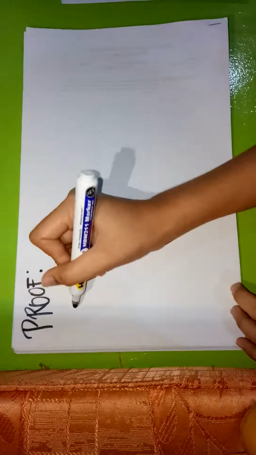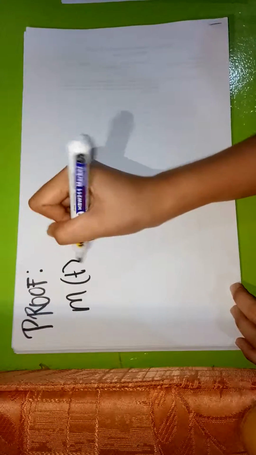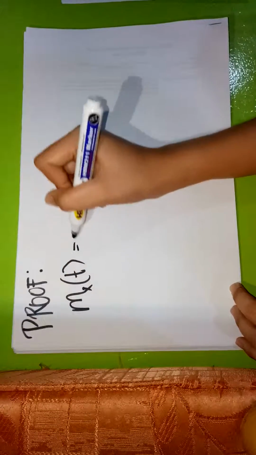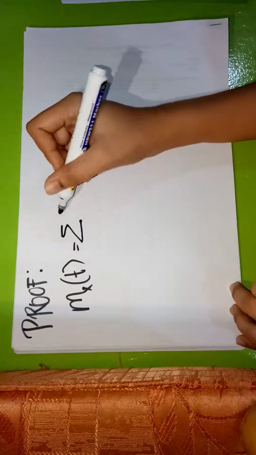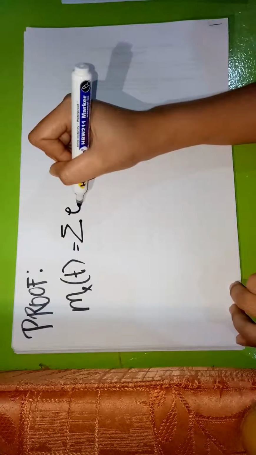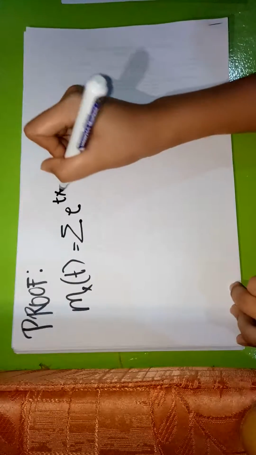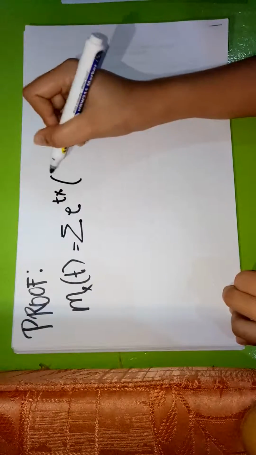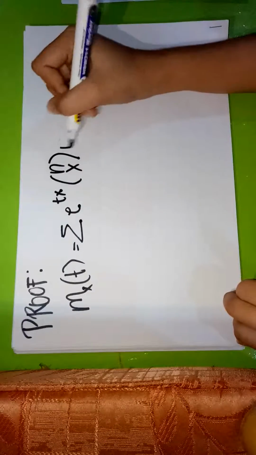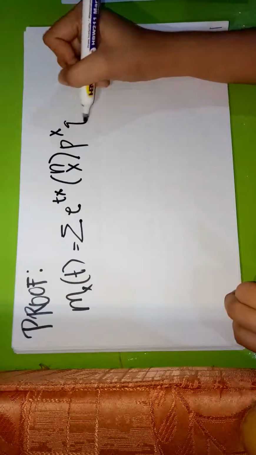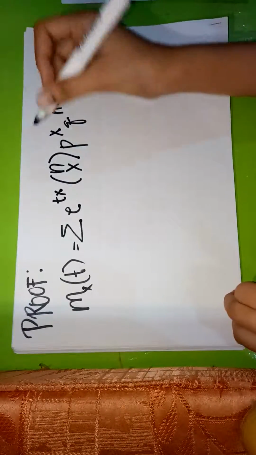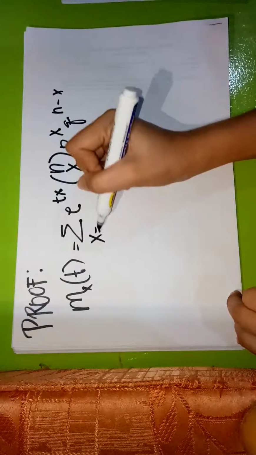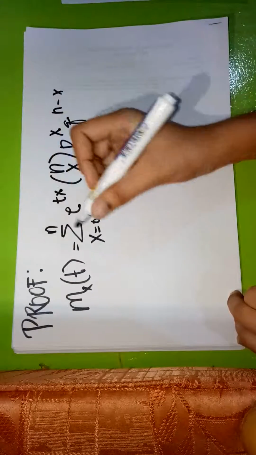Since it is a discrete density function, we will use the summation formula. Summation of e to the power of tx times n taken x times p to the power of x times q to the power of n minus x, where x is equal to 0 up to n.